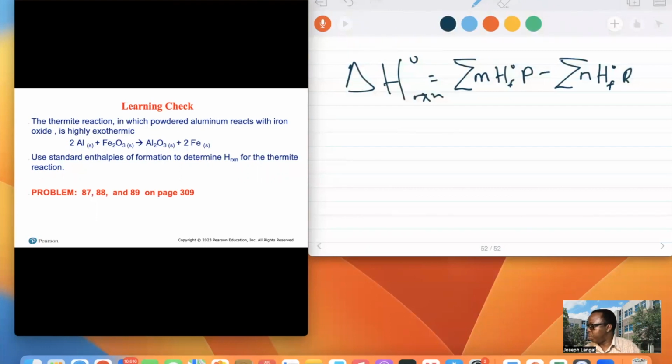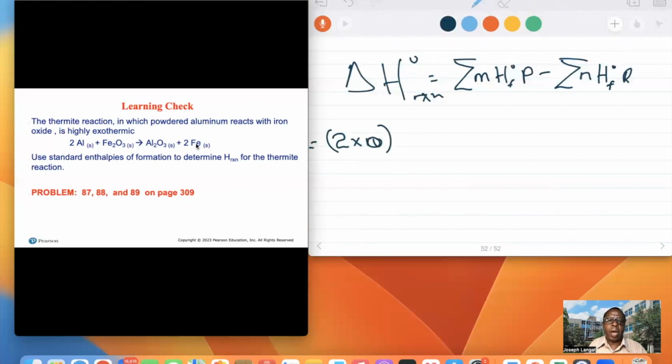So if I want to plug in the values, for the products it is 2 times 0 for iron.